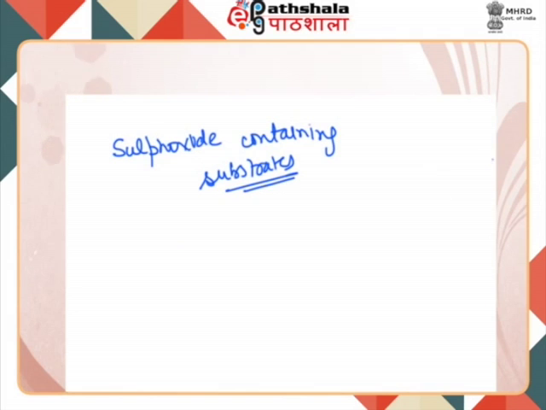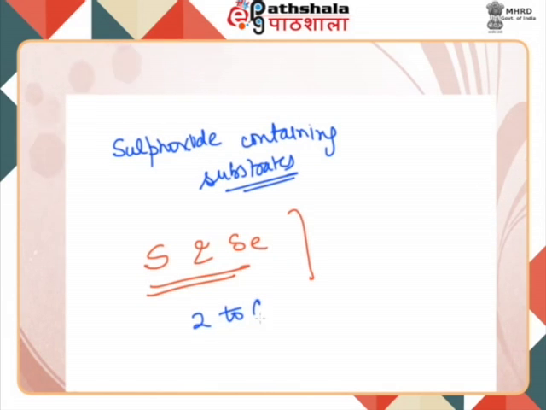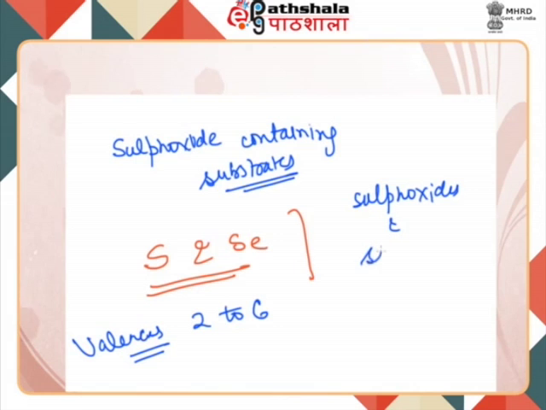Sulfur and selenium both belong to the same group of the periodic table, and they show valencies from 2 to 6. Another thing is that an organic compound is oxidized to sulfoxide and, to some extent, sulfones also. So we get sulfoxides and sulfones on their oxidation.